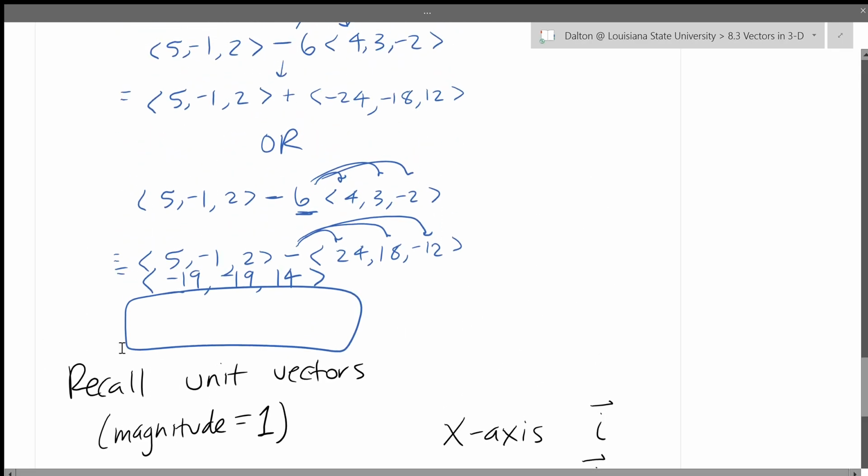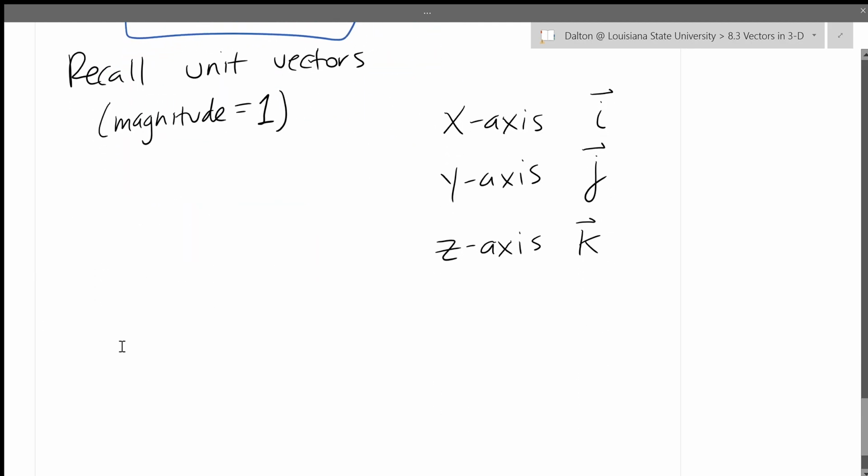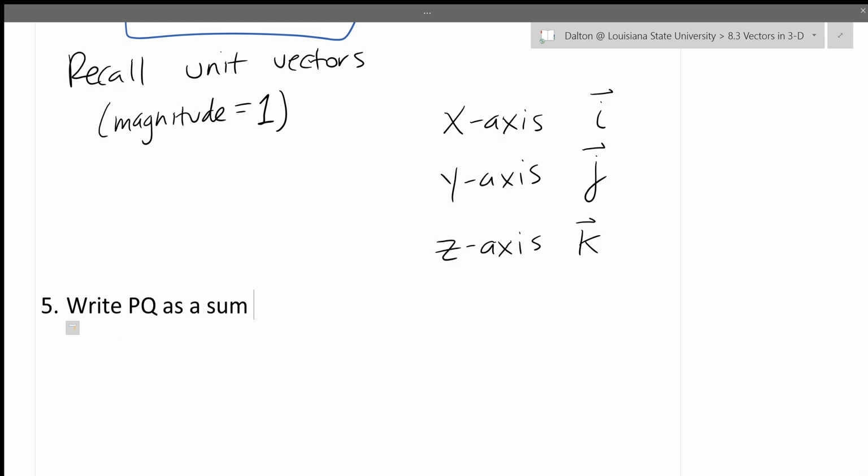So example number 5 is what I'm on. These questions are going to sound like this. Write vector PQ as a sum of unit vectors, if point P is at 5, -2, 3, and point Q is at -4, 2, 1.